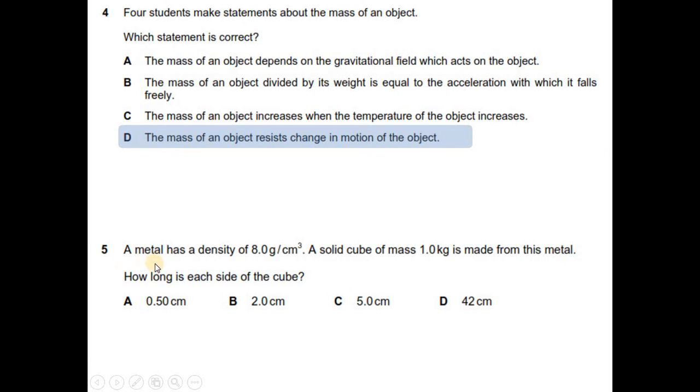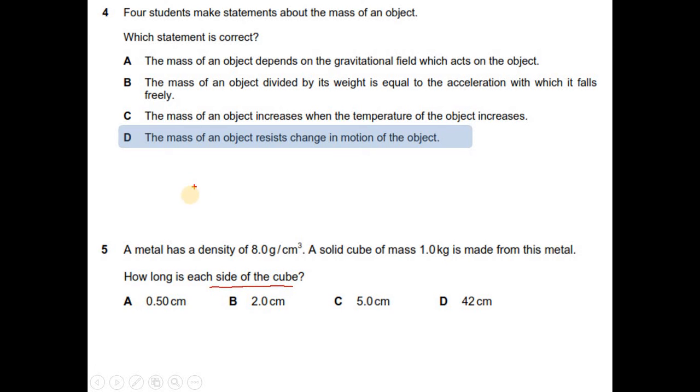Question number 5. A metal has a density of 8 gram per centimeter cube. A solid cube of mass 1 kilogram is made from this metal. How long is each side of the cube? So we need to find the side of a cube.